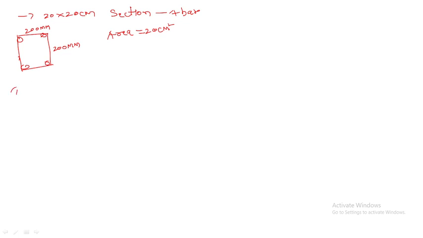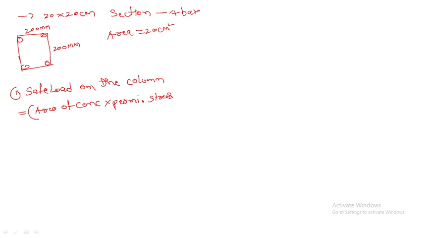Let me write now how to calculate the safe load. Safe load on the column equals area of concrete into permissible stress in concrete, plus area of steel into permissible stress in steel.